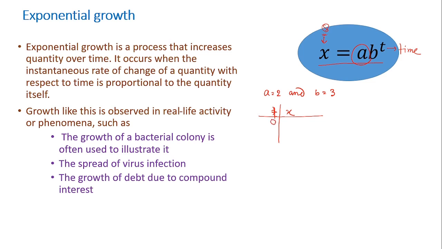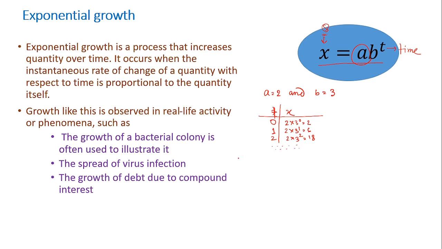For t equals 0, x equals 2 times 3 to the power 0, that means 2. For t equals 1, 2 times 3 to the power 1, that equals 6. For t equals 2, we get x equals 18, and so on.